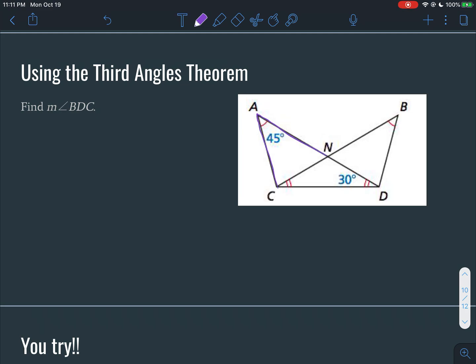You have two triangles on top of each other here. Okay? So if you take one triangle, separate them, draw them separately, and label them.